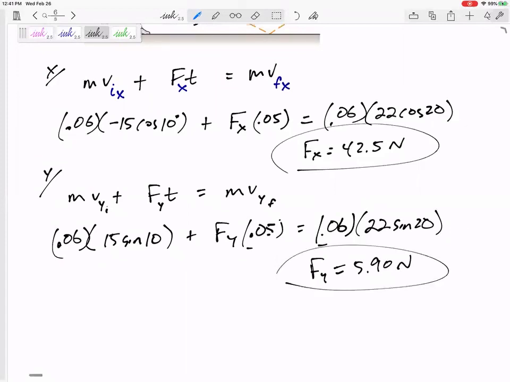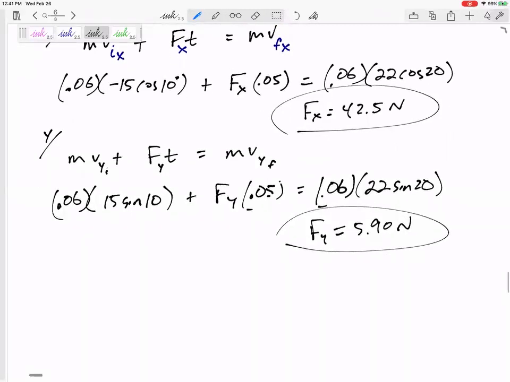And the problem statement explicitly asks to determine the magnitude and direction. So I would probably accept 42.5 i plus 5.9 j, and I would stop there unless I ask you for magnitude and direction. Let's find the magnitude of this.